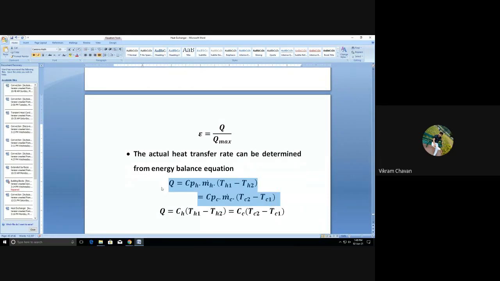Q is equal to Cp suffix H multiplied by m dot H multiplied by inside the bracket Th1 minus Th2, which is the heat lost by the hot fluid, and which will be equal to Cpc multiplied by m dot C multiplied by Tc2 minus Tc1, which is the heat gained by the cold fluid.